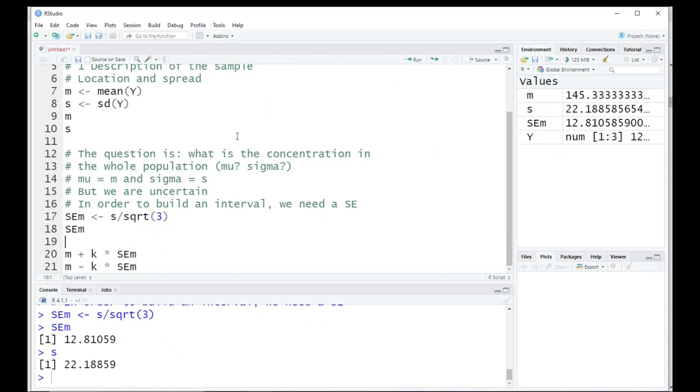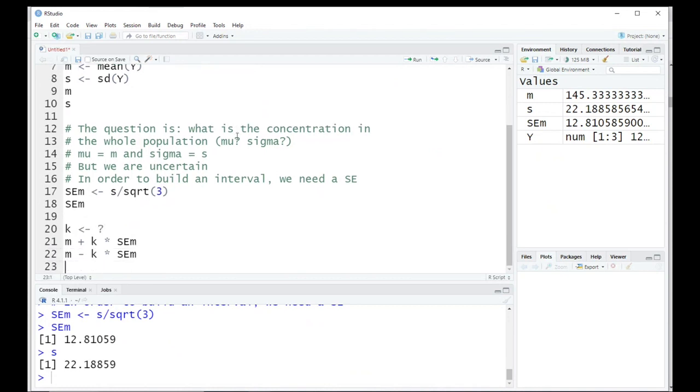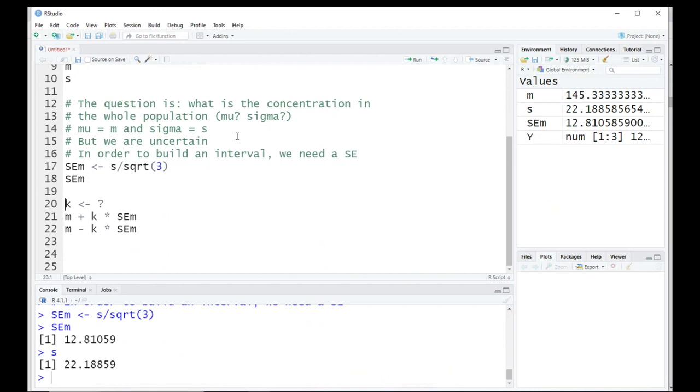Now we need to, what is K? What is this value here? The multiplier. Yesterday we have seen that we can think of using K equal 1.